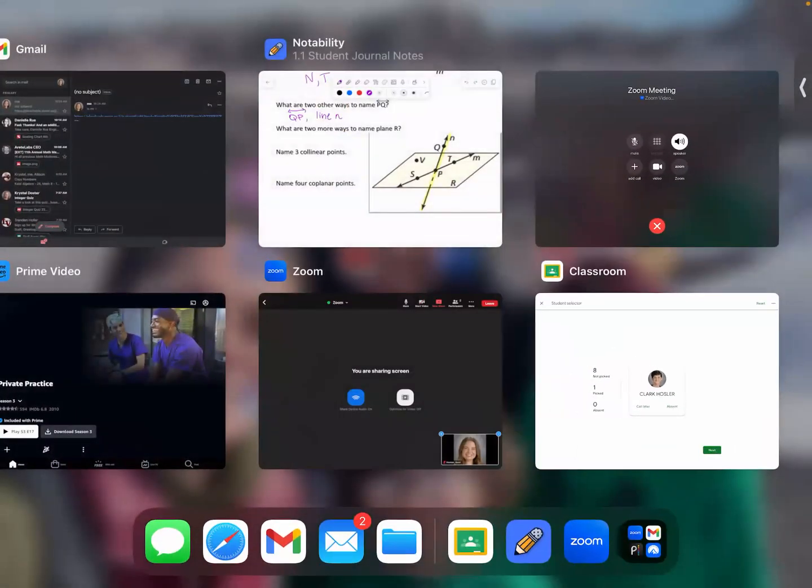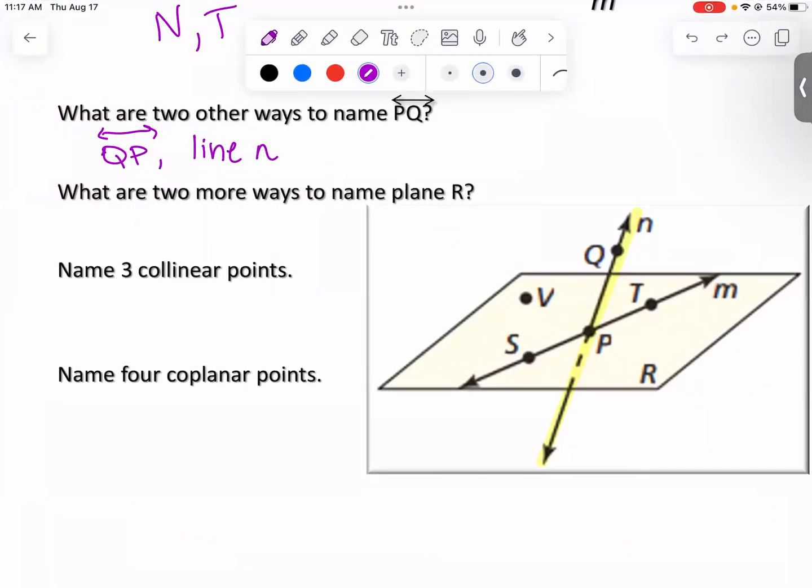Clark, second one. What are two more ways to name plane R? I would put plane STV and plane TVS. STV and plane, what was the second one? Plane TVS. Okay. You could have also used P, right?